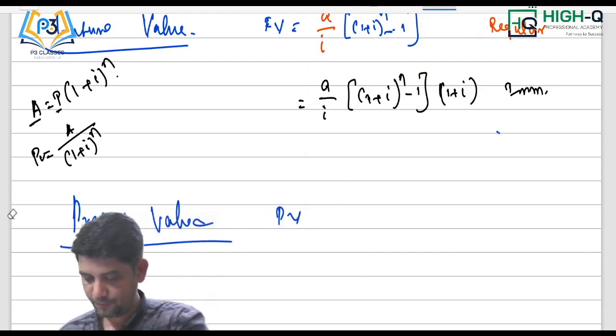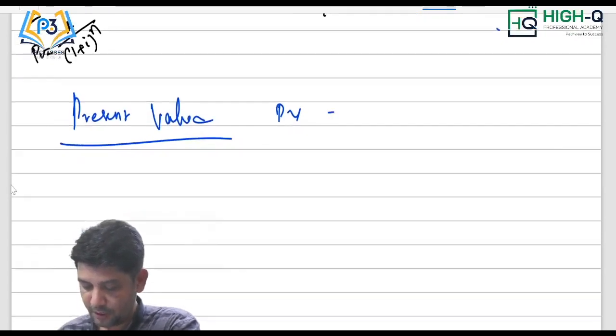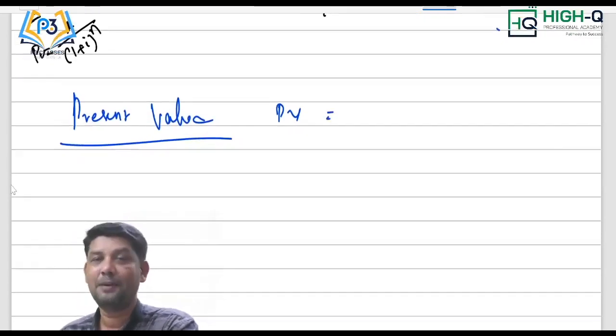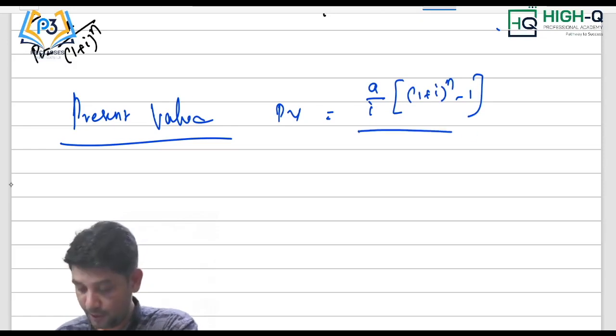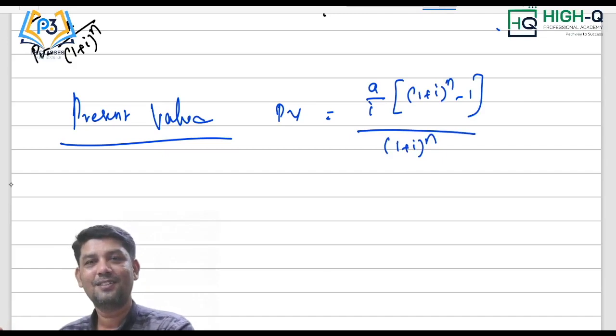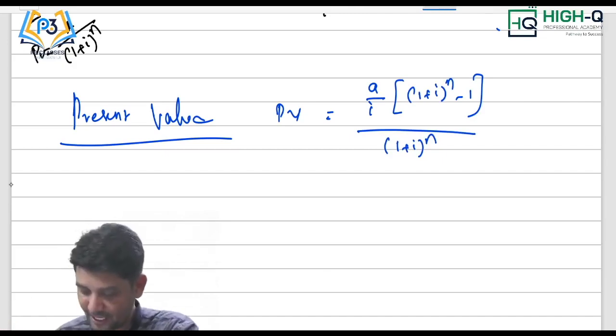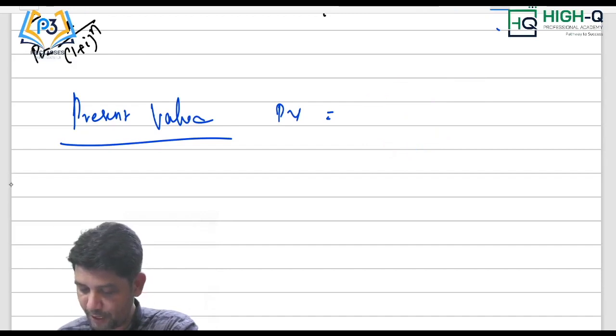So what is present value? Future value divided by (1 plus I) the whole power n. What is the future value formula? A by I, (1 plus I) the whole power n minus 1, whole divided by (1 plus I) the whole power n. This is the present value formula.